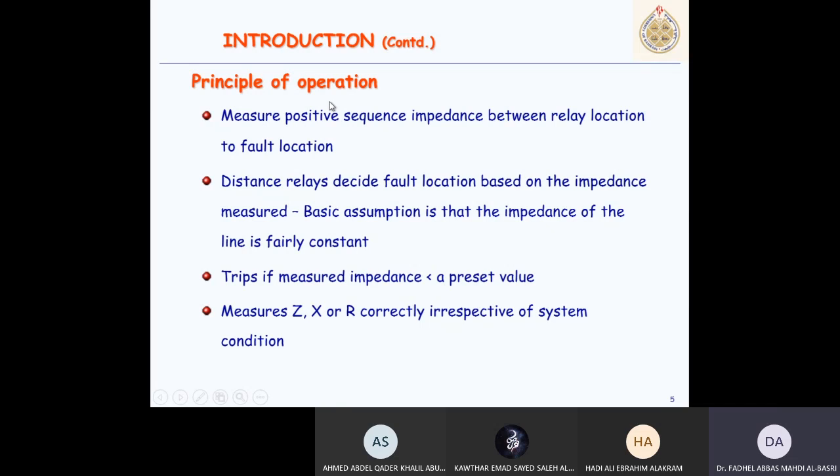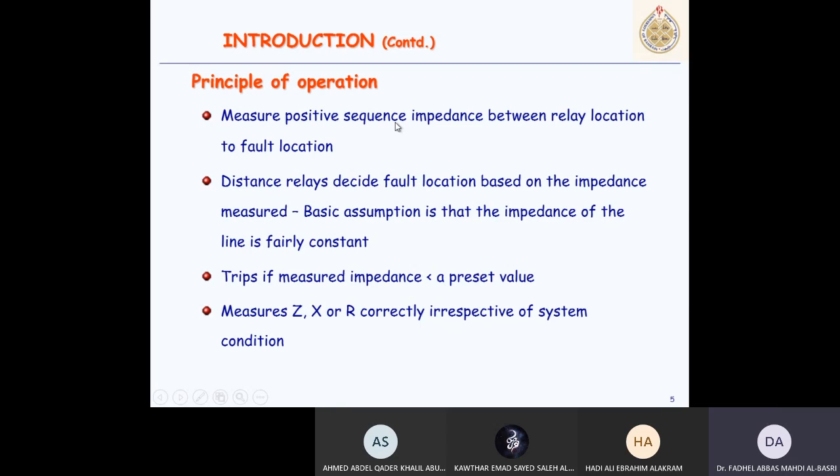Its working principle is based on the measurement of the positive sequence impedance between the relay location and the fault point. This is the basic principle. It tries to measure the positive sequence impedance of the line and decides whether there is a fault within the line or outside the line based on this measured impedance.